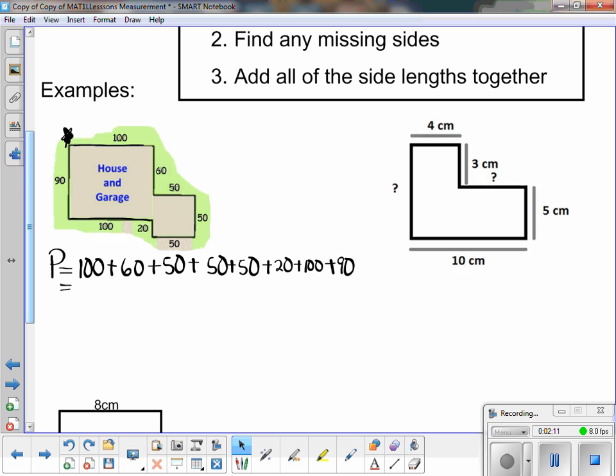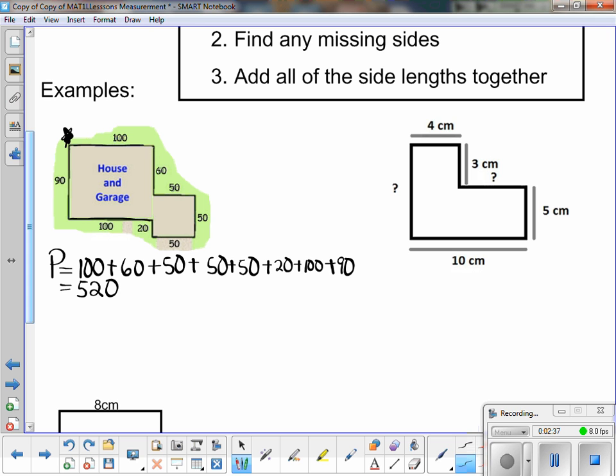You're either going to do this in your head or pull out your calculator. When you have a whole string of numbers, sometimes it is faster, easier and more accurate to pull out a calculator. It's not that we couldn't do these in our head, but it makes it much easier. So I end up with 520.